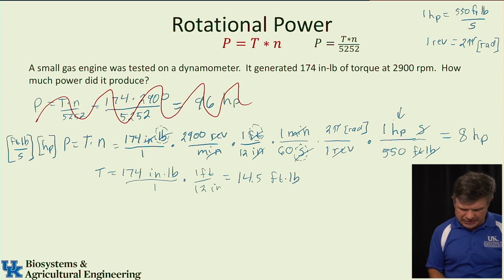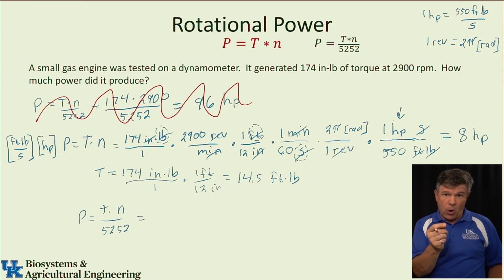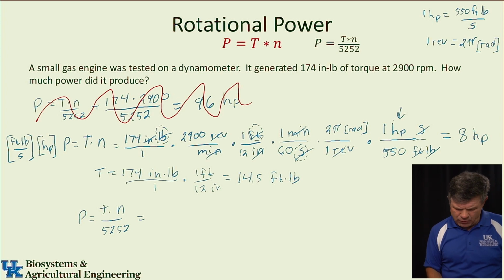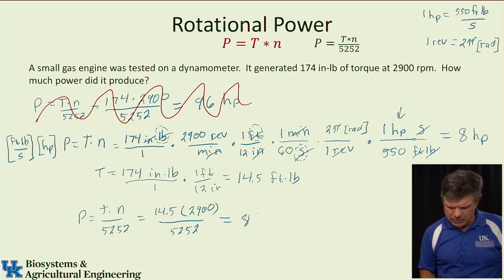Now I could plug that into this equation where I can say the power equals torque times speed divided by 52. The torque that I plug in is not the 174 like I had, it's that 14.5. So if I take 14.5 times my speed of 2900, divide that by 52, then that is going to give me 8 horsepower.